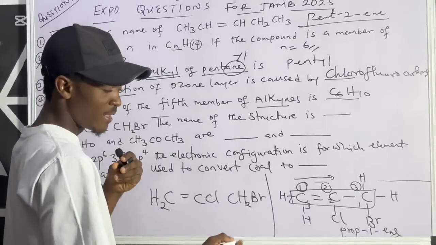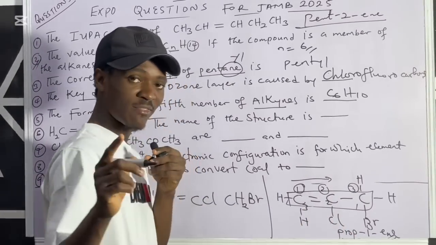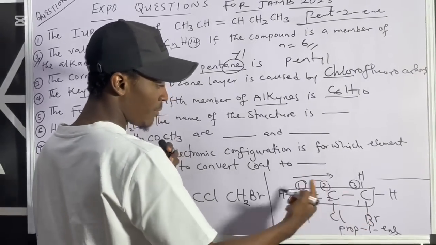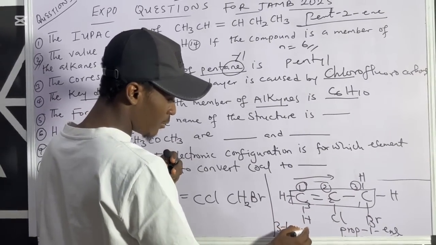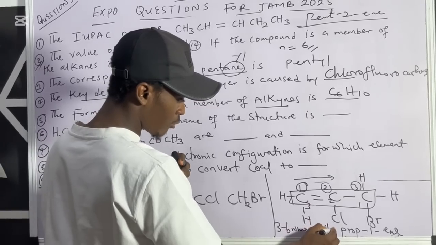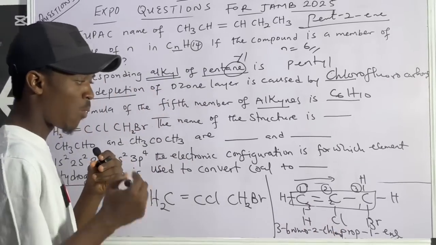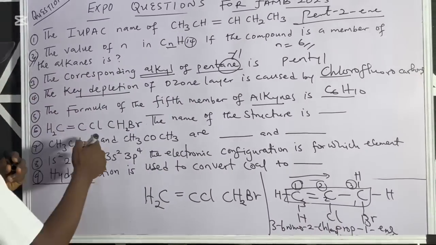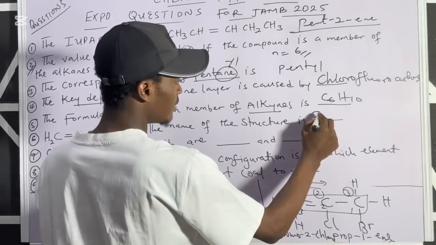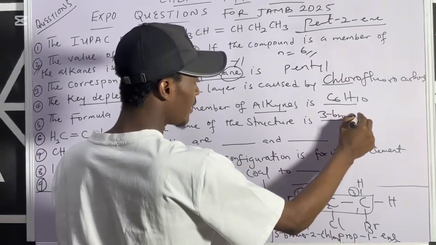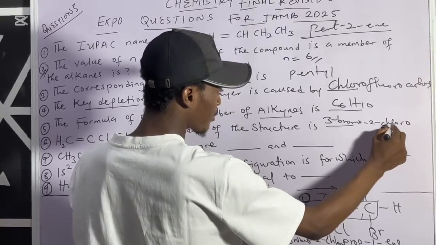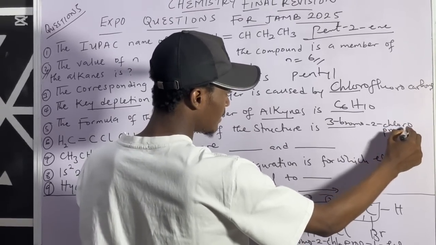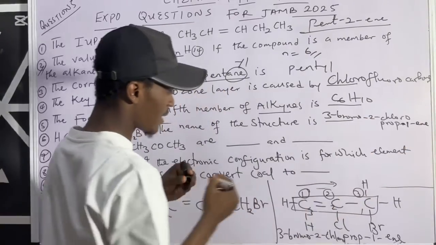So it's best to arrange it alphabetically, in that B should come first before C. So that becomes 3-bromo, then 2-chloro, prop-1-ene. So that's the name of this structure.